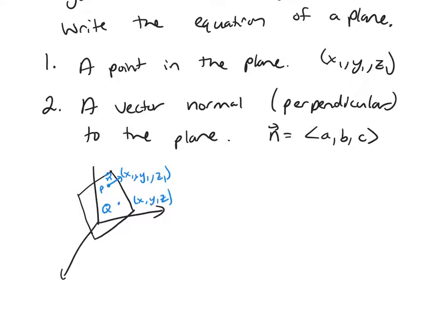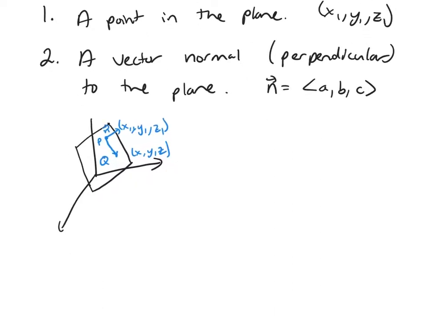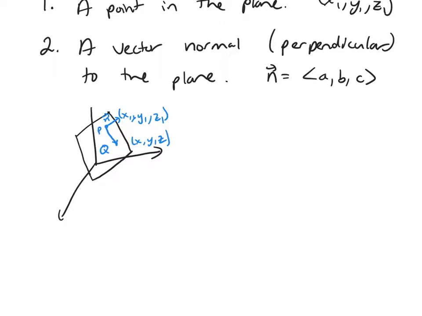And what I can do is form the vector between P and Q, and that's on the plane. So this vector PQ is on the plane, and n is perpendicular to the plane. So I know n is perpendicular to PQ. What does it mean to be perpendicular? Well, one thing is the dot product is 0.